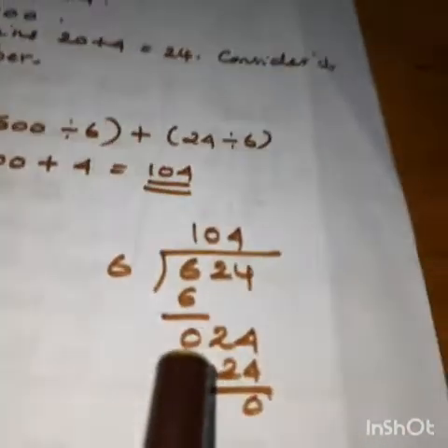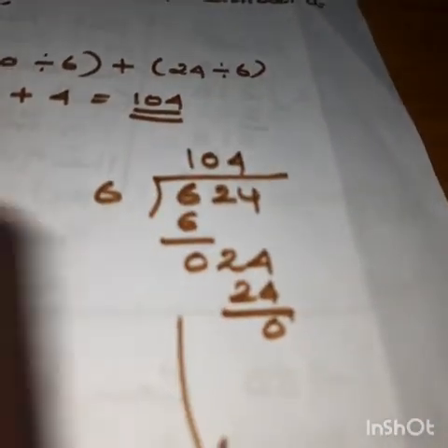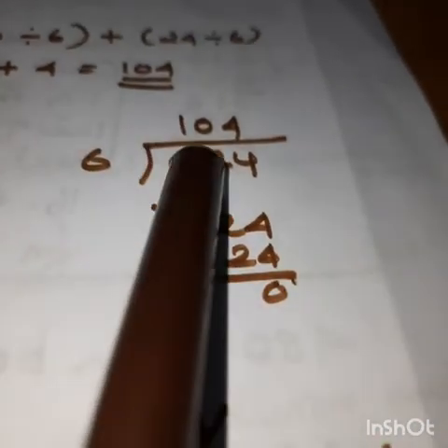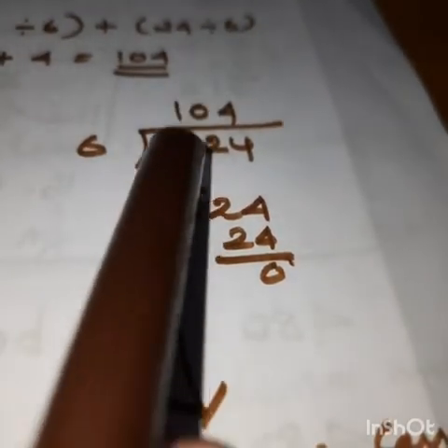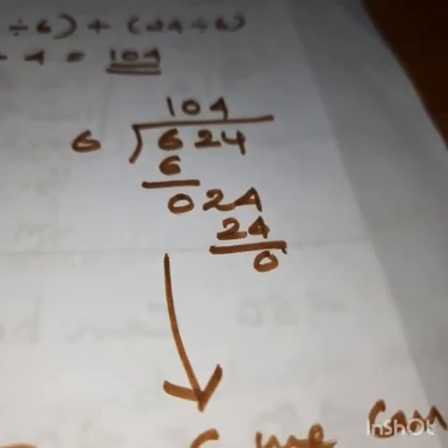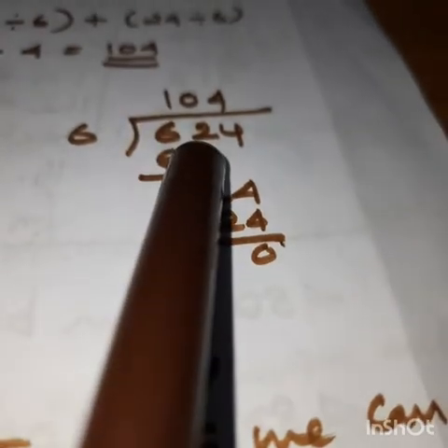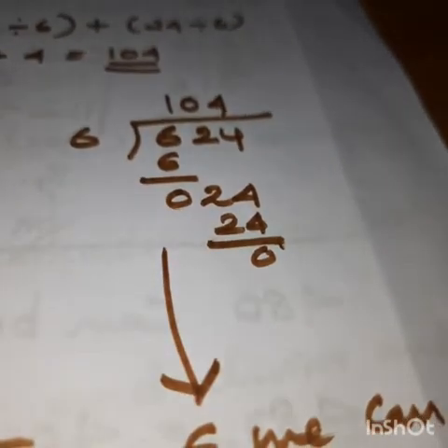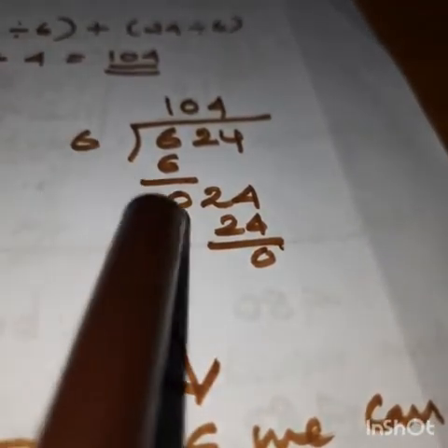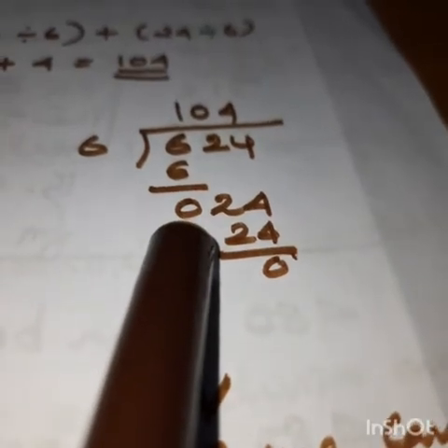The actual division is 624 divided by 6. First take 6. There is one 6 in 6. 6 minus 6 is 0. Again, the next digit is 2, but we can't take 6 from 2. Then what do we do?